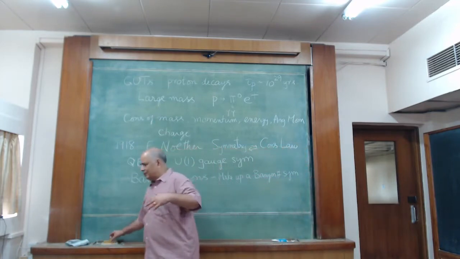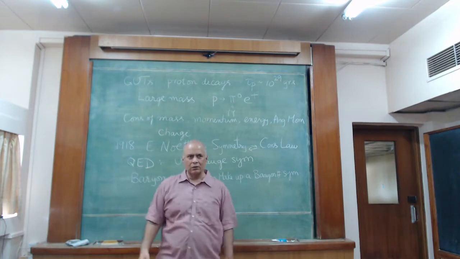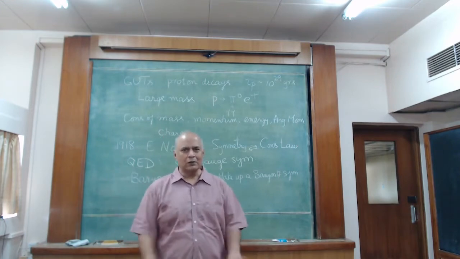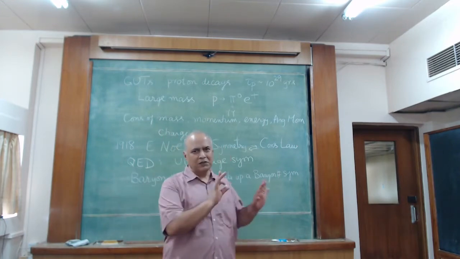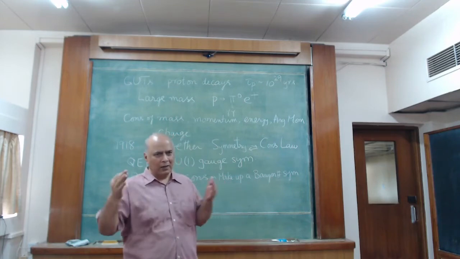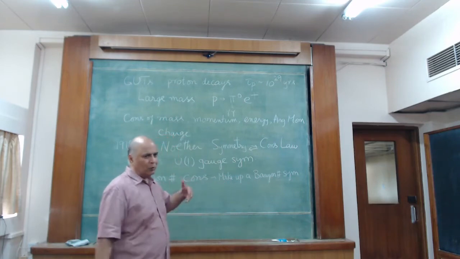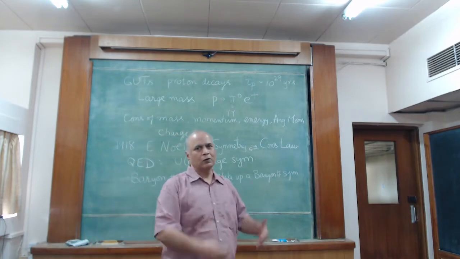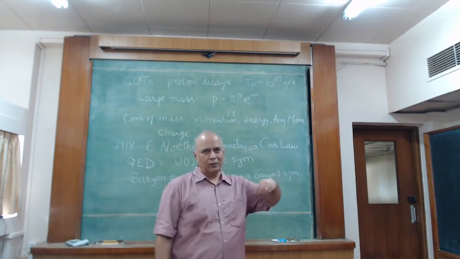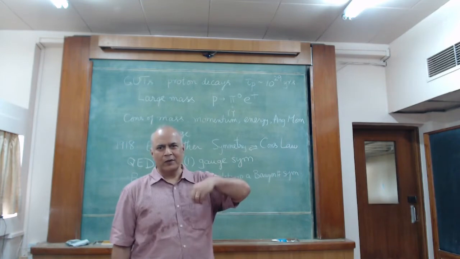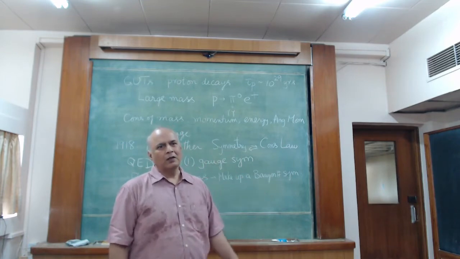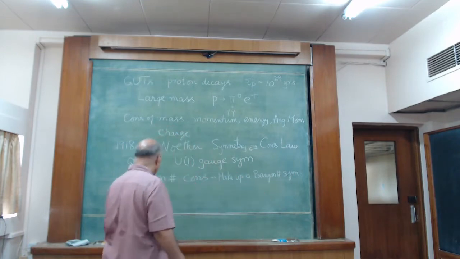I can't tell you exactly which experiments give rise to these results. I'm only quoting numbers which I have seen in the particle data book. And if you want to know more details of these experiments, you should look up the particle data book to find out what are the experiments which give rise to these numbers.